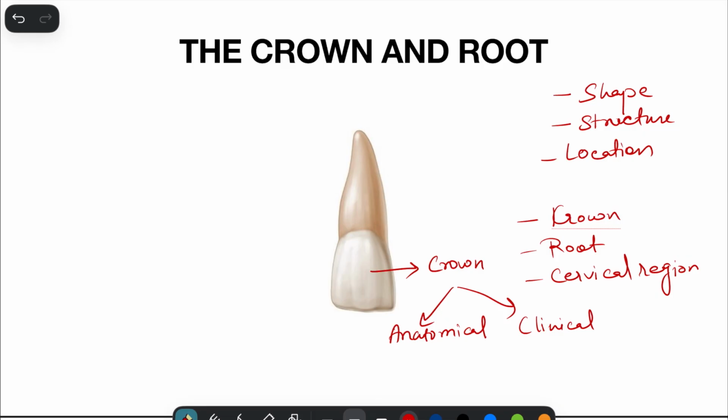Okay. Now, the root is the part that is embedded in the alveolar bone.